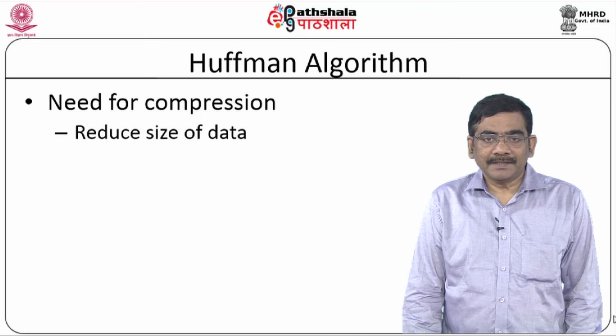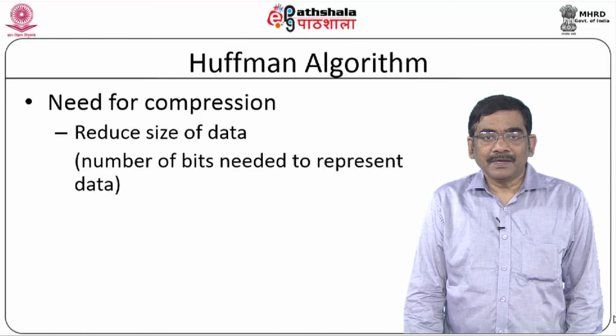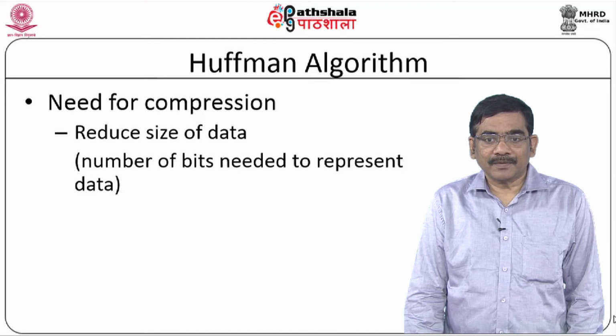Compression is a very important topic where we are talking about reduction of the size of data. By that we mean that the number of bits required to represent the data is reduced.